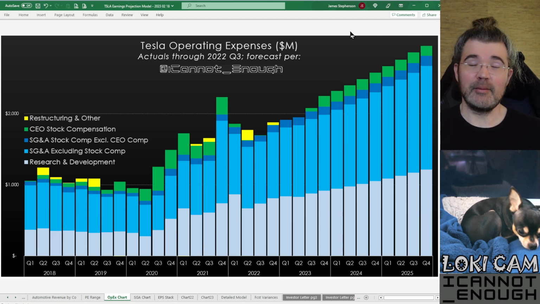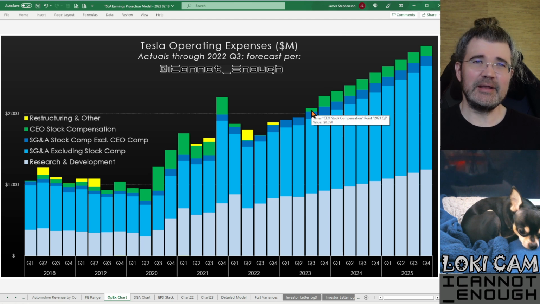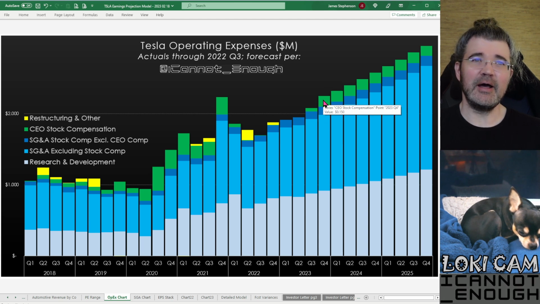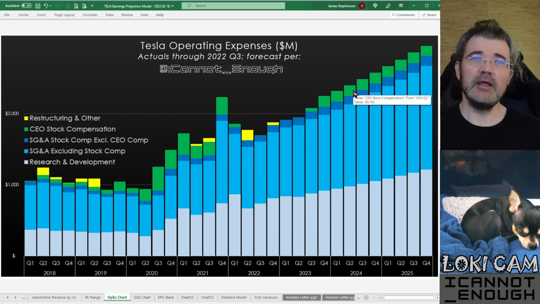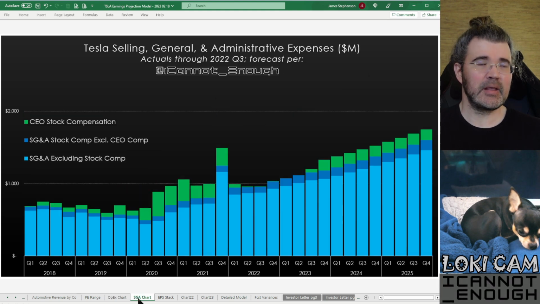And the board will probably offer him a stock compensation plan to retain his services as CEO and techno king of Tesla. So I'm penciling in like 50 million here and 150 million each quarter going forward after that, just so I have something in my forecast for those years for Elon's compensation.